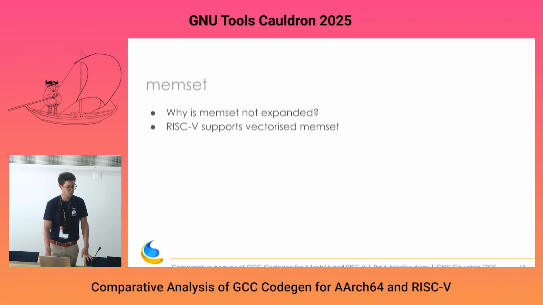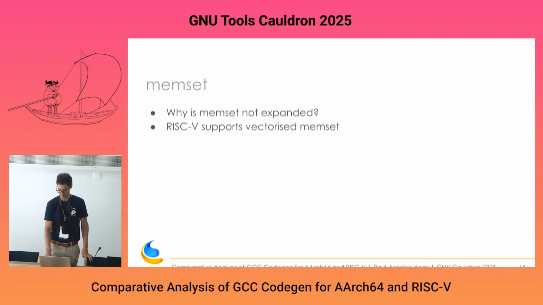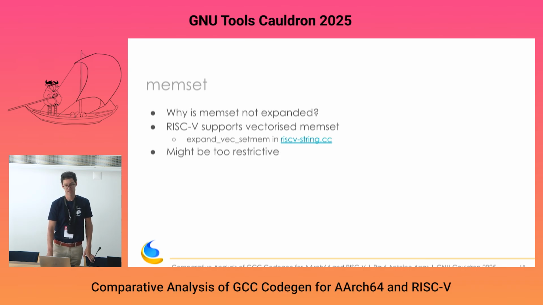So actually the question when I saw that was, why is memset not expanded by GCC for RISC-V at all, at least in this example? Because RISC-V does support vectorized memset, right? There is code in the backend. If you look in the RISC-V string.cc, you can see there is a function just for that, expand vex set mem. But in some cases, it's too restrictive.